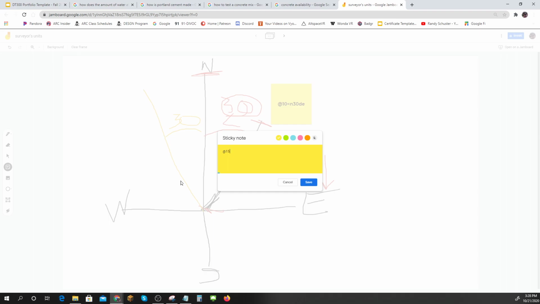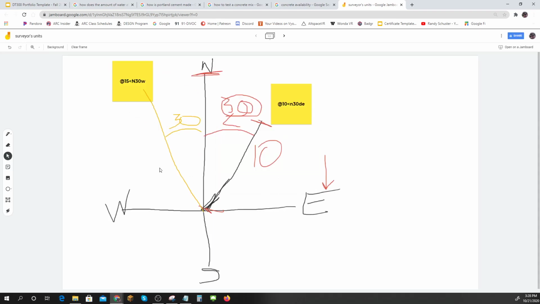I'll pretend it's 15 at an angle, and I start facing north, and I go 30 degrees, but I turn to the west. I angle it to the west. So that's 15 long. I'll write that down. It's 15 long.